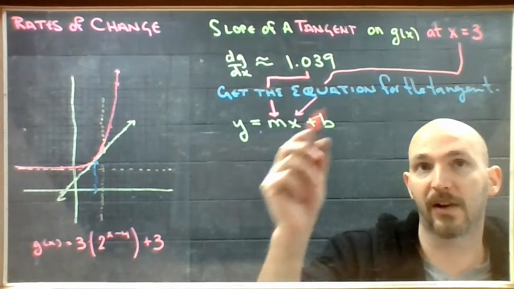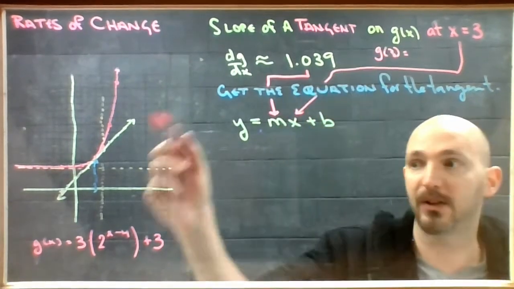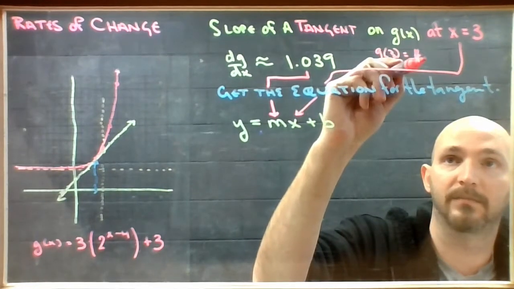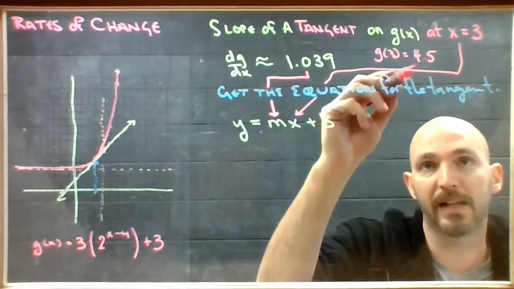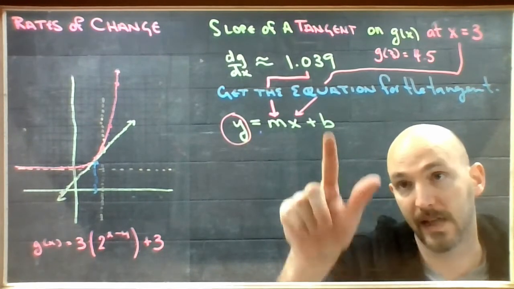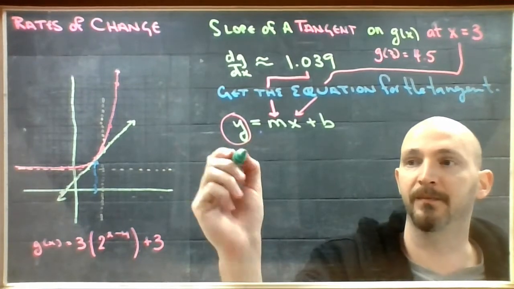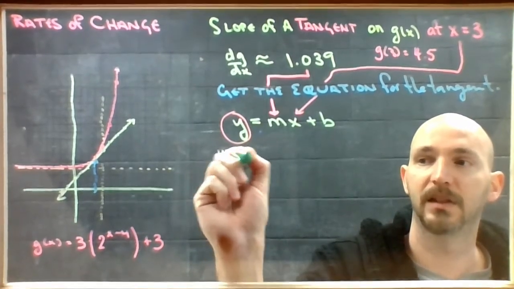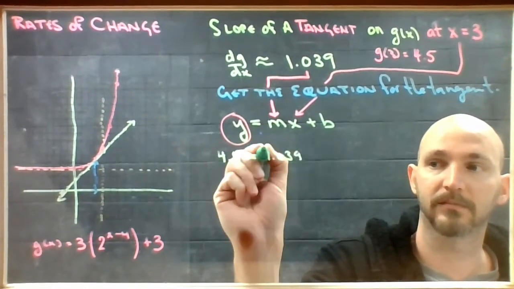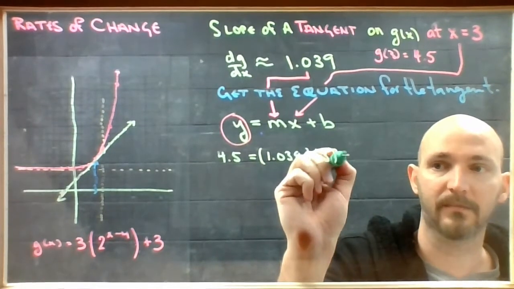And we also calculated that this function at 3 had a value of 4.5. So I can put that 4.5 here, and then I have everything except for the y-intercept.